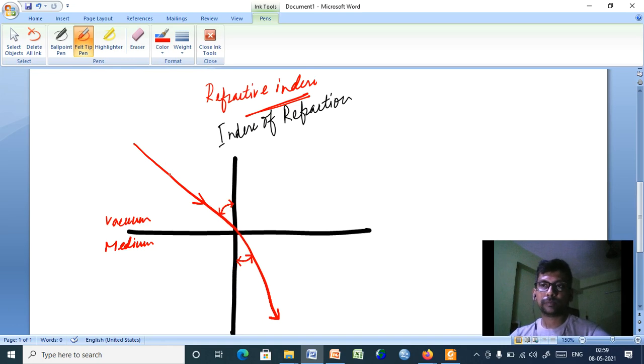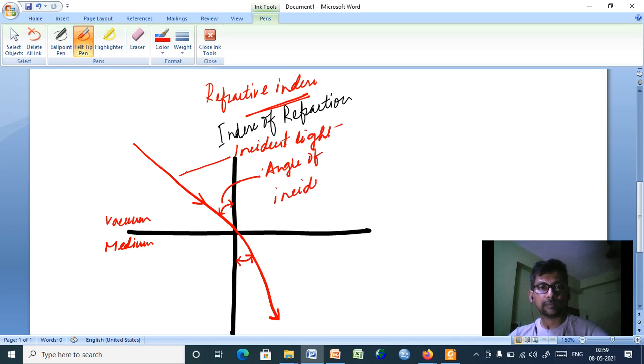So this is the incident light. This is the angle of incidence. This is the refracted light.